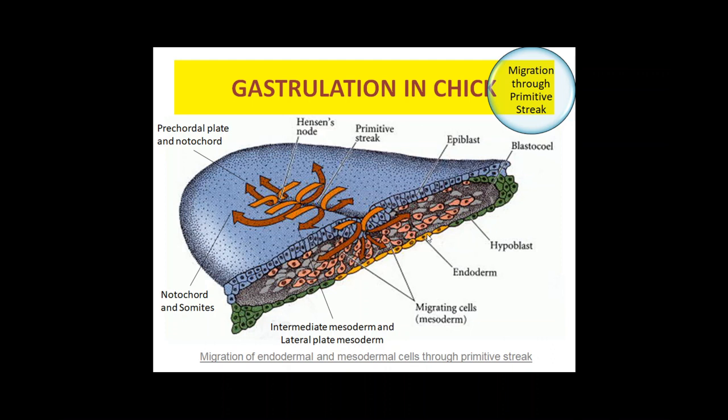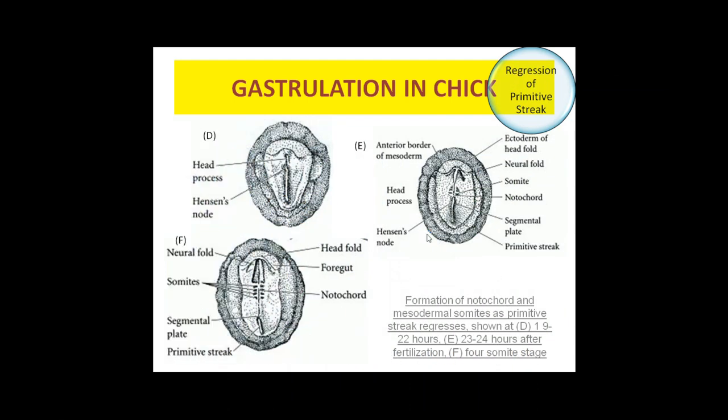The hypoblast cells eventually sort out to form a layer beneath the endoderm and contribute to the yolk sac. By 22 hours of incubation, most of the presumptive endodermal cells are in the interior of the embryo, although presumptive mesodermal cells continue to migrate inward for a longer time.